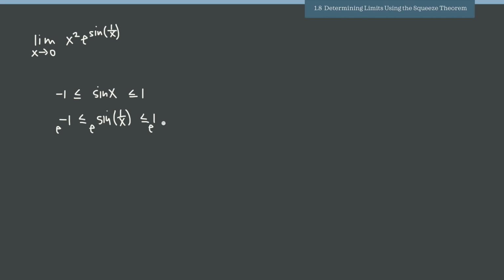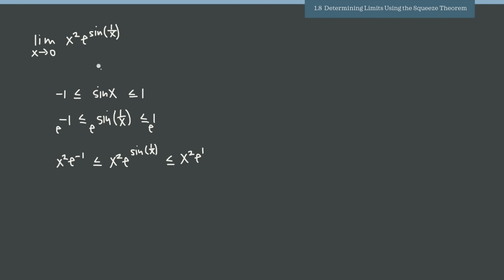Now we also want to multiply this middle part by x squared to get that x squared in there, which means we're going to have to multiply through the whole thing by x squared. So what we get then is x squared e to the -1 less than or equal to x squared e to the sine of 1 over x less than or equal to x squared e to the 1.